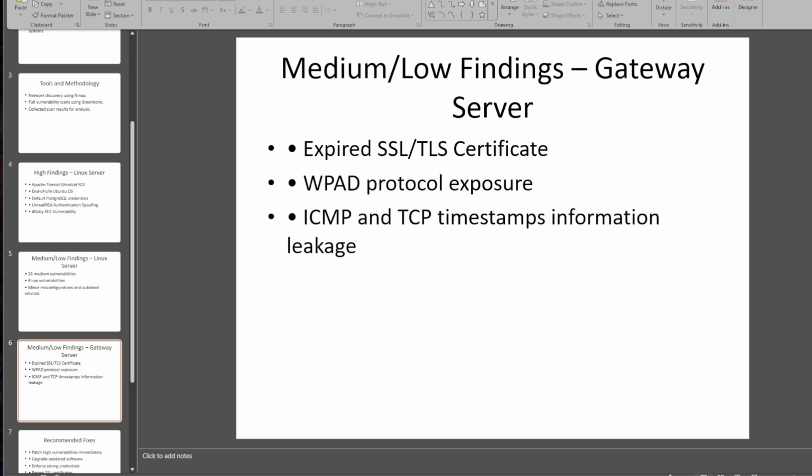There were also ICMP timestamp replies and TCP timestamp options enabled, which could leak information about our system uptime. While these vulnerabilities are not critical, they represent easy opportunities for an attacker to gather intelligence or perform a man-in-the-middle attack if left unresolved.